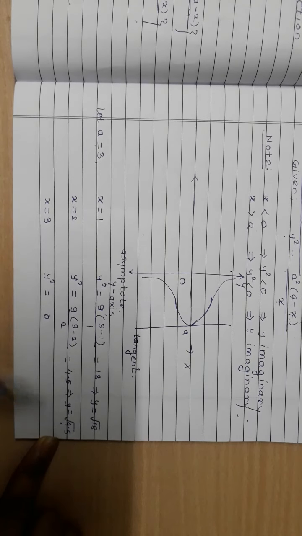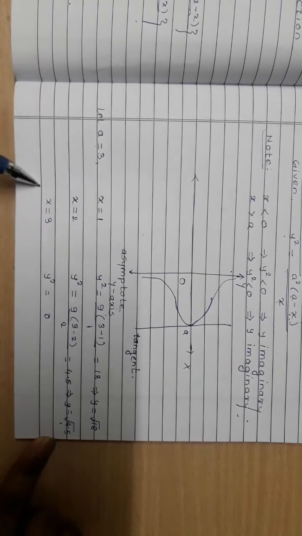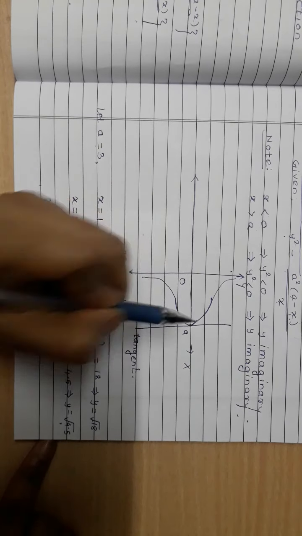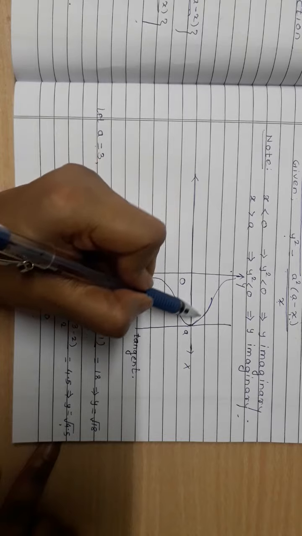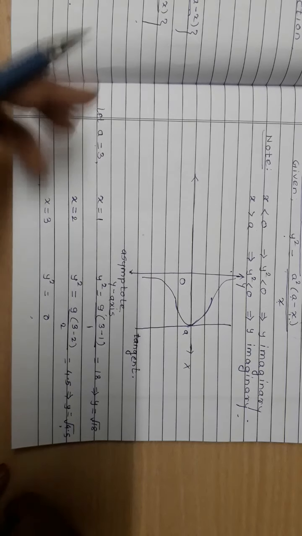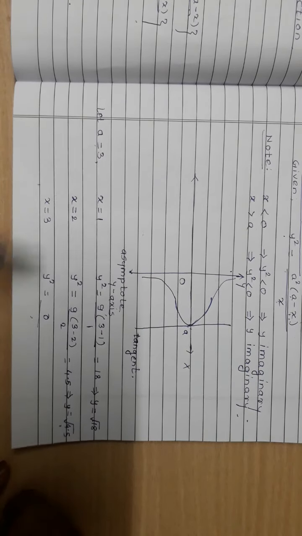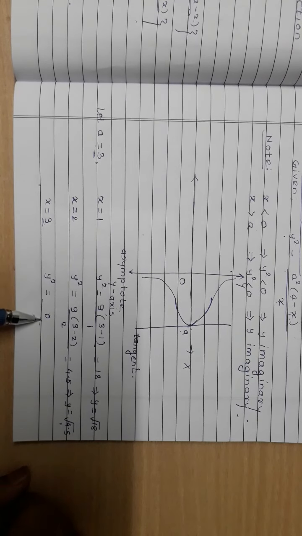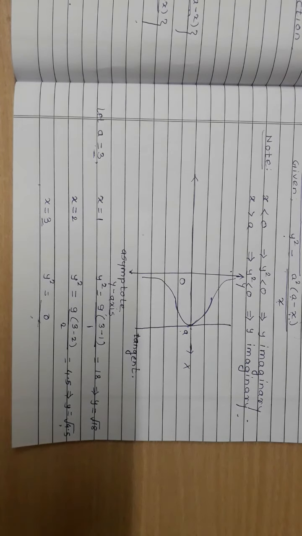Surely this is less than this. So as you increase x, y is dropping, right? So you can just verify from this graph that y is dropping here, correct? At point a it becomes 0. I am considering a as 3 here, so at 3 this is becoming 0, right? So this is just a verification part, okay? And that's it.